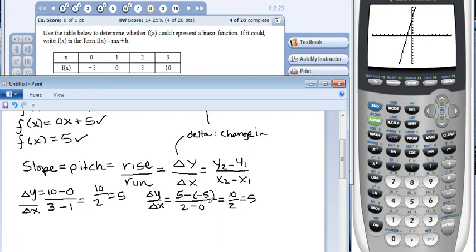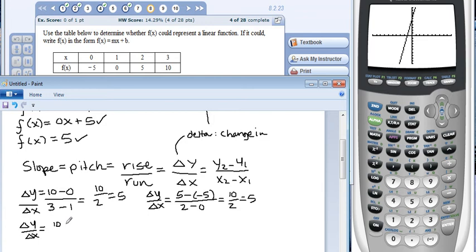Okay, let's just do one more just to prove to ourselves that these are the same. Let's just go between these two. One more just to see if it indeed is a 5 down in here. So I'm going to do change in y over change in x.